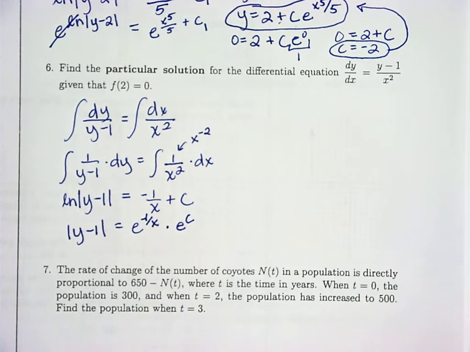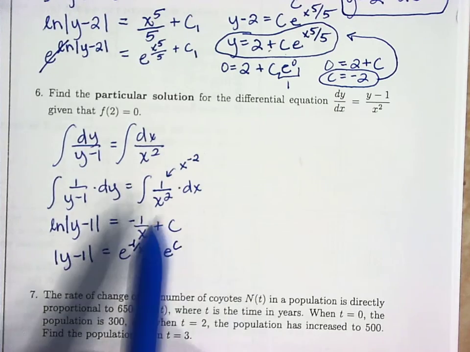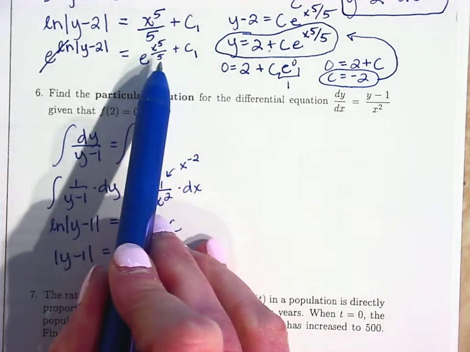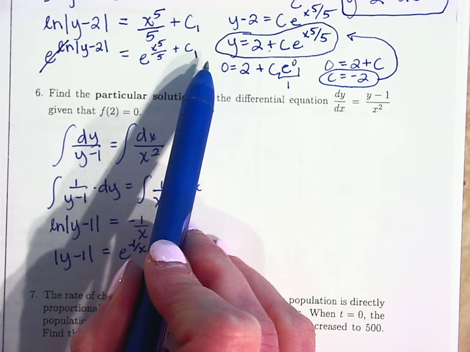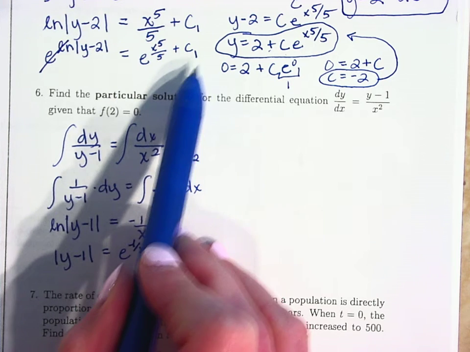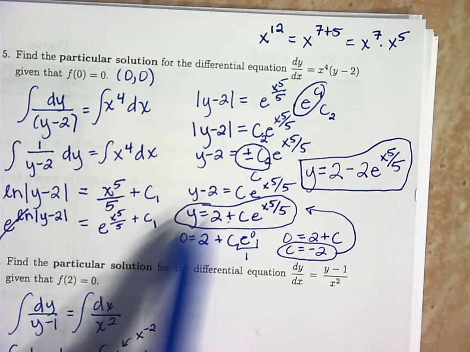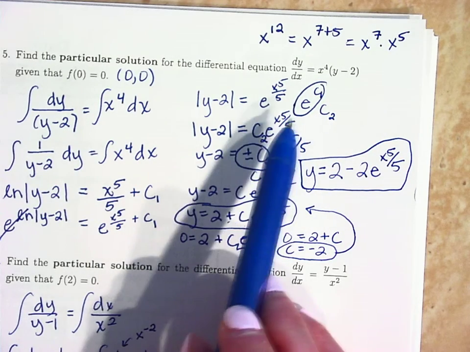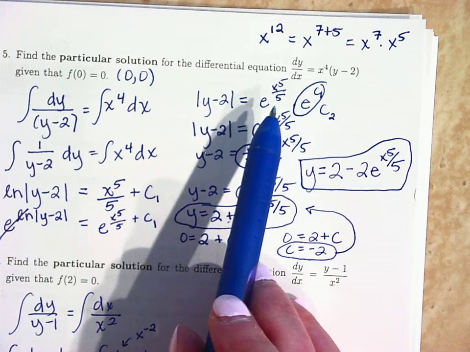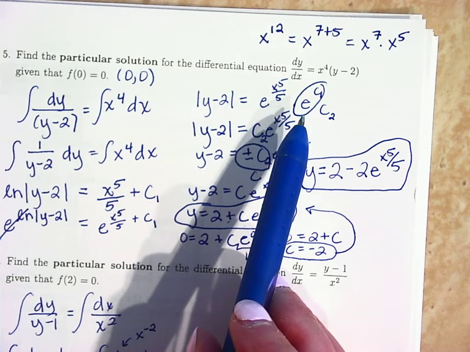I just skipped this step that we did up here, where we had both of them in the numerator, and then using the exponent rules, you can split it up into multiplying powers with the same base.